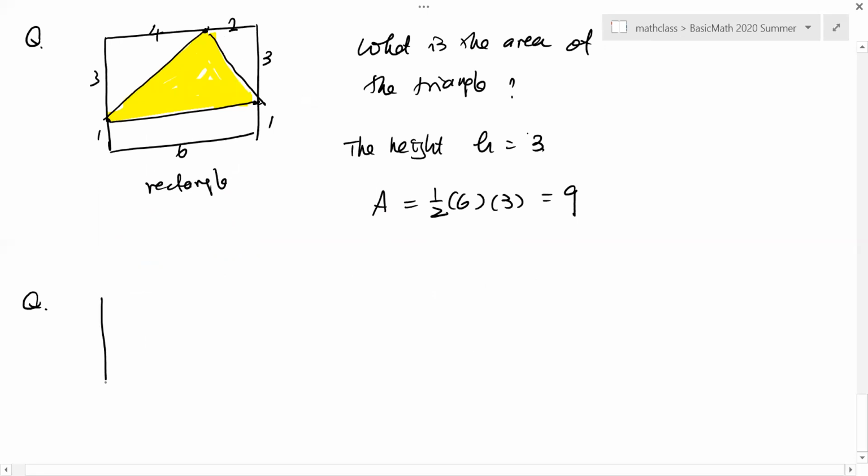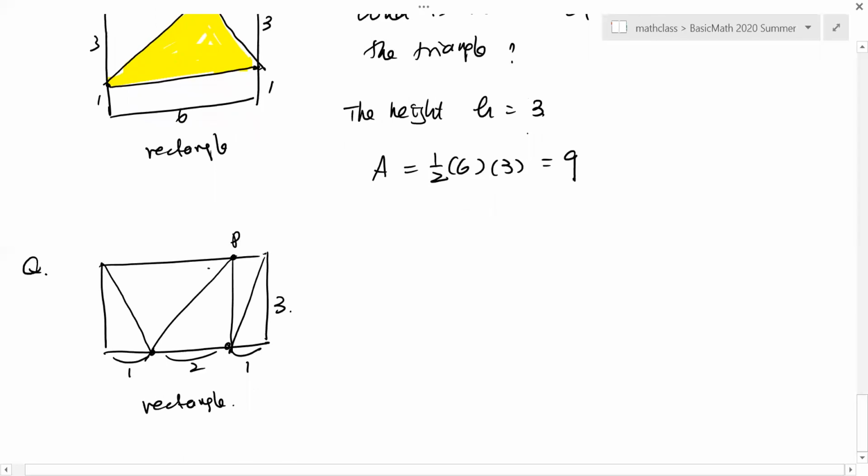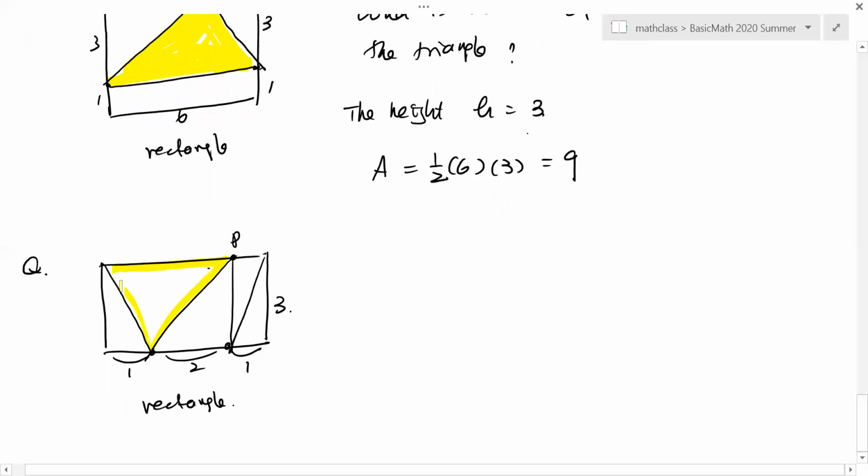All right, so now I'm going to give you another one. This is a fixed point, and here's a 1, that's 2, that's 1. And I have another point P here. This is a rectangle, and here's a 3, okay? Now, the question is, when I change the point P, this is a research project, okay?